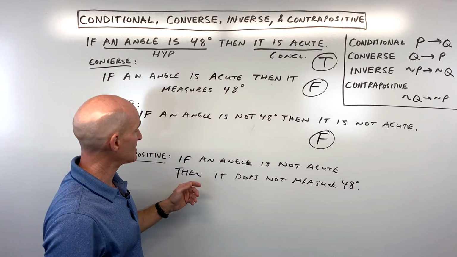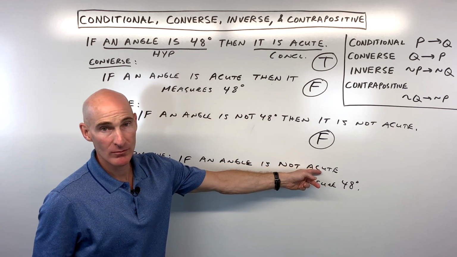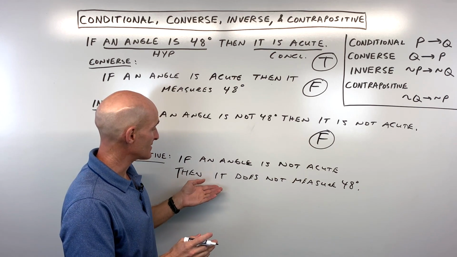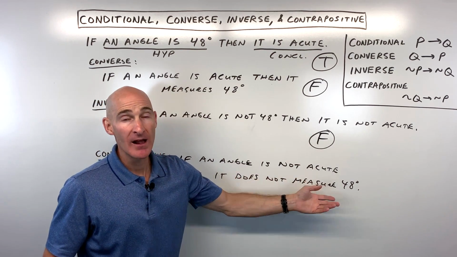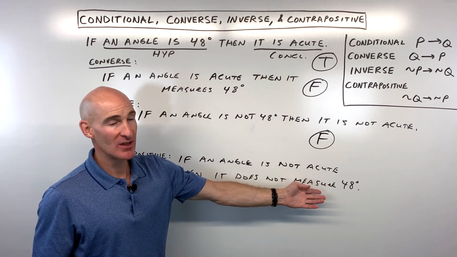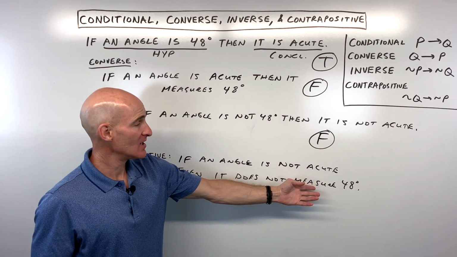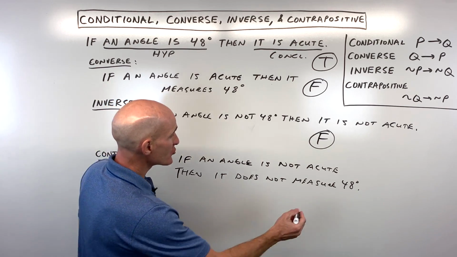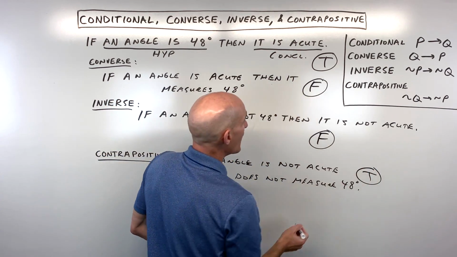Okay, now let's see, does that make sense? If an angle is not acute, meaning it's not between 0 and 90 degrees, then it does not measure 48. That's true, because if it's not between 0 and 90, there's no way that it could be 48 degrees, right? So this is true.